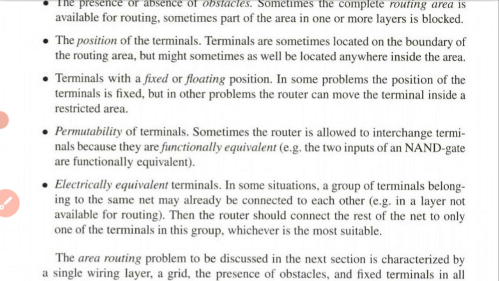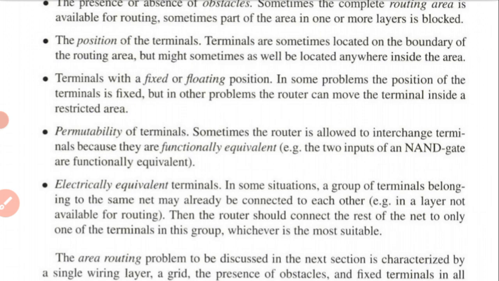Next, terminals with a fixed or floating position. Sometimes the position is fixed, but in some other cases we can move it, that is, the router can move the terminals inside a restricted area. The next one, permutability of terminals.